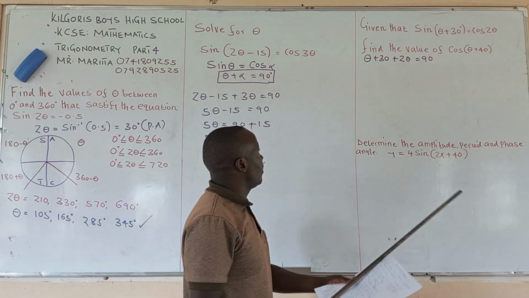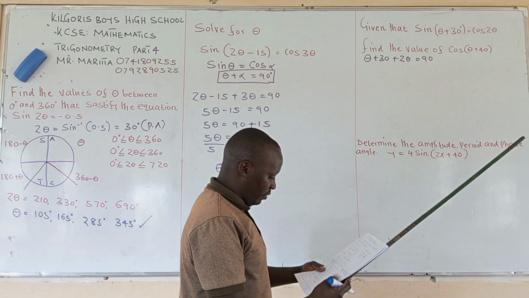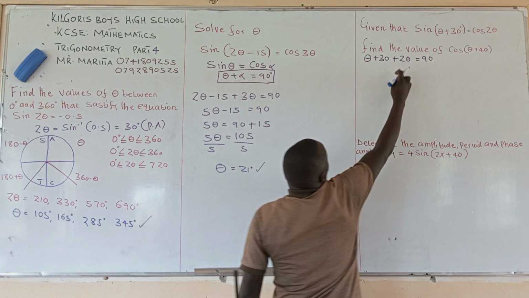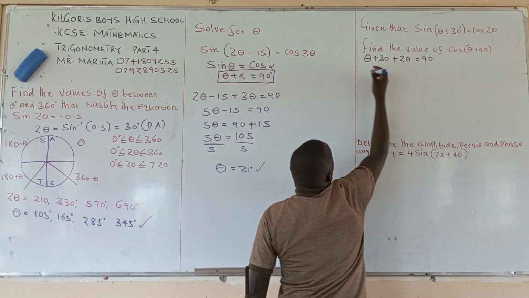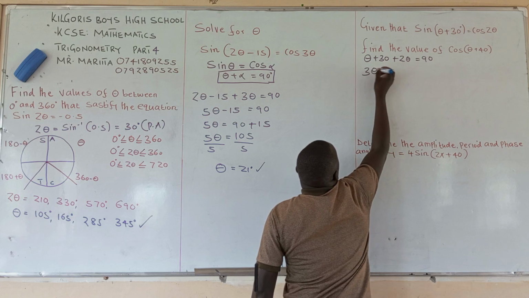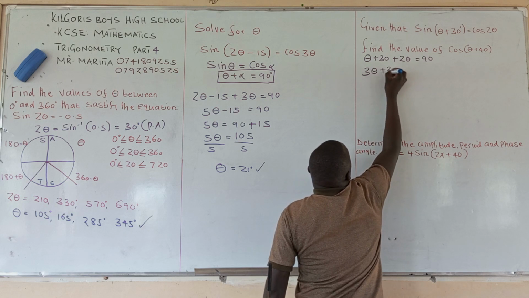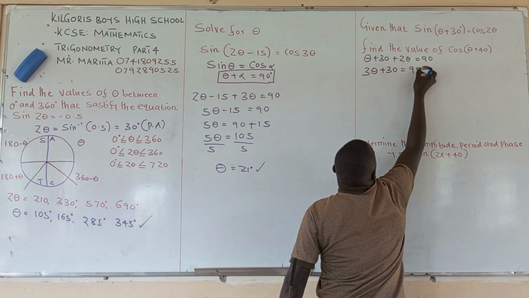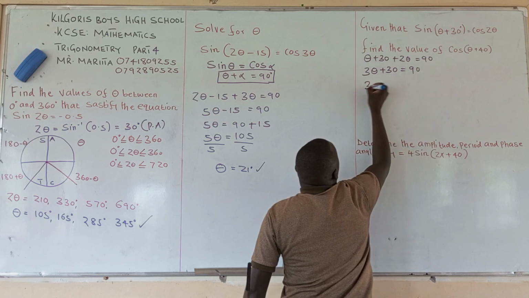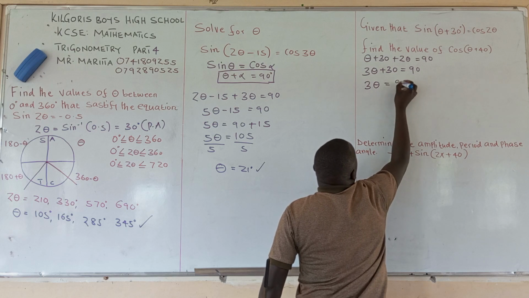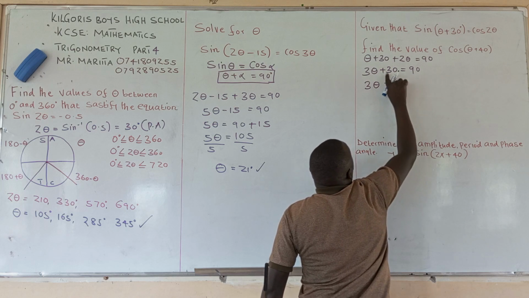That one will give us 90. So 2 theta plus theta, we have this one as 3 theta, then plus we have this as 30. This one will be equivalent to 90. So this is our 3 theta, which is equivalent to 90 minus 30.